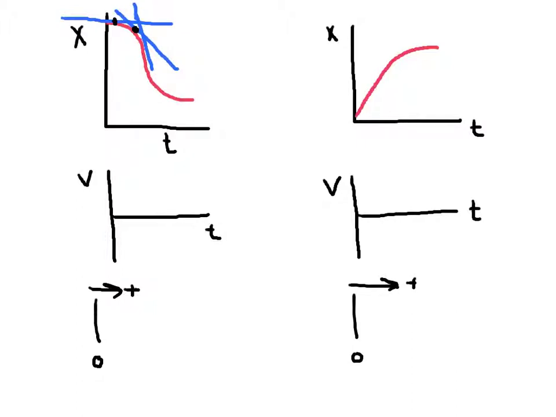There we go. So that tangent is about at this position here on the curve. So again, you see these slopes are getting steeper and they're getting more negative. So on our velocity time graph, what that says is that our velocity is starting near zero and it's getting more negative as time goes on.